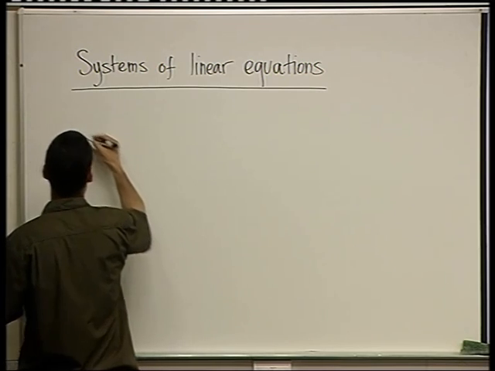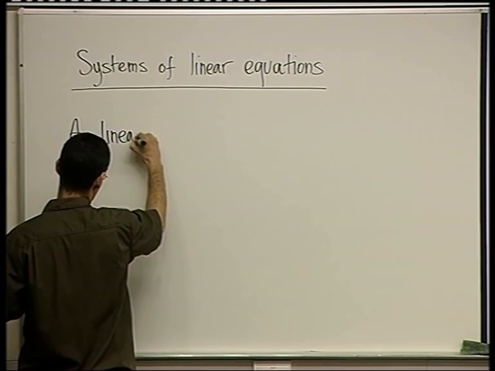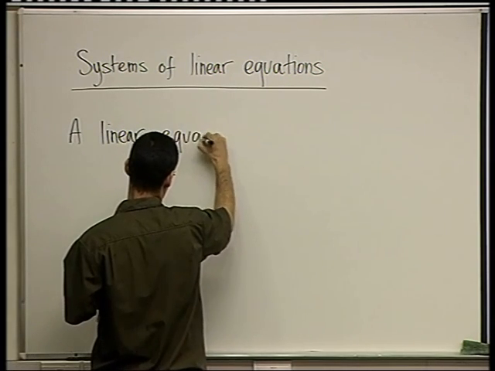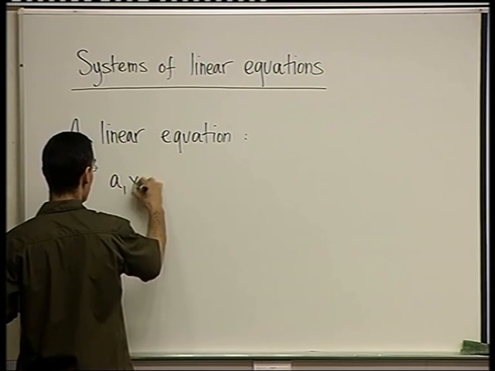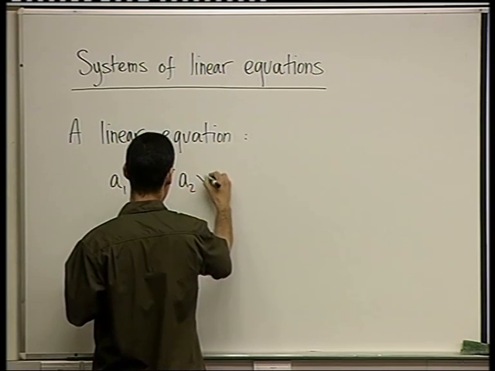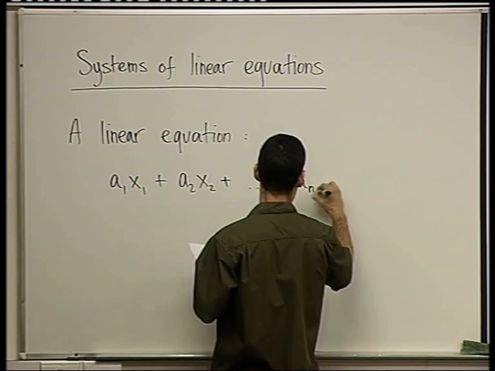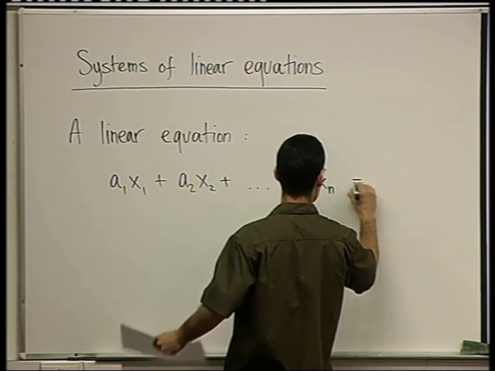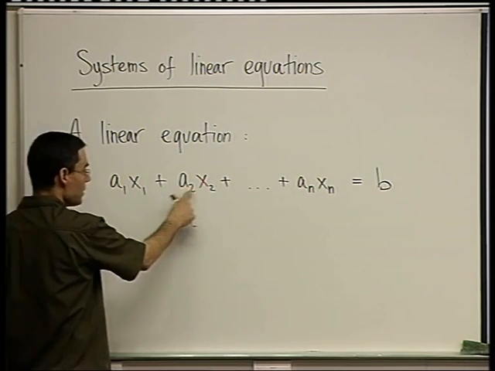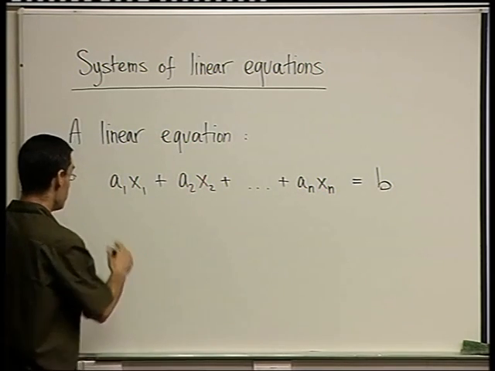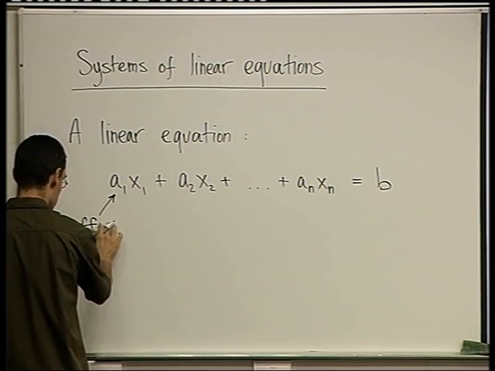So here's a linear equation. A linear equation looks like this: a1 x1 plus a2 x2 plus dot dot dot plus an xn equals b. So the ai's are called the coefficients.